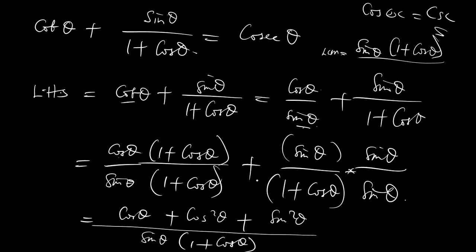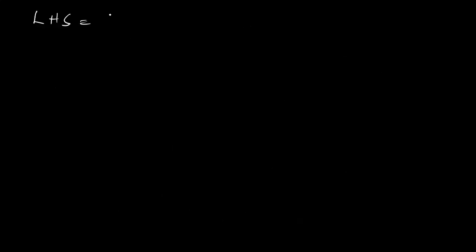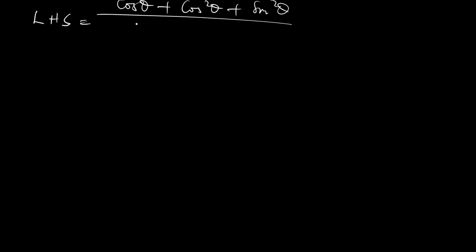So I add all of them together because the denominators are the same. So now the LCM will now be cos theta plus cos square theta plus sine square theta divided by sine theta into 1 plus cos theta.